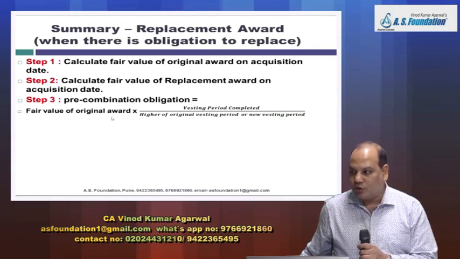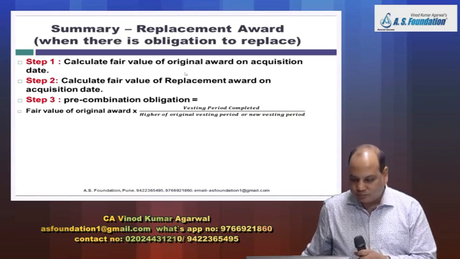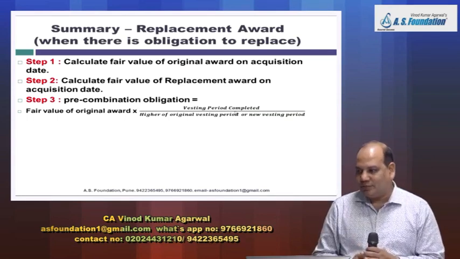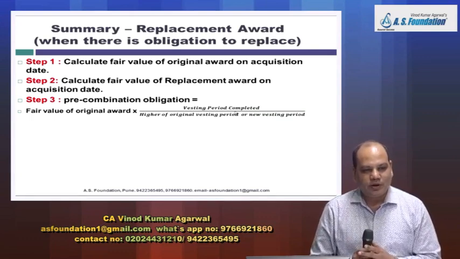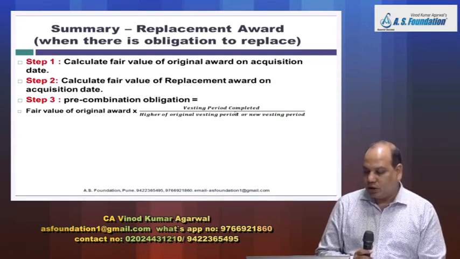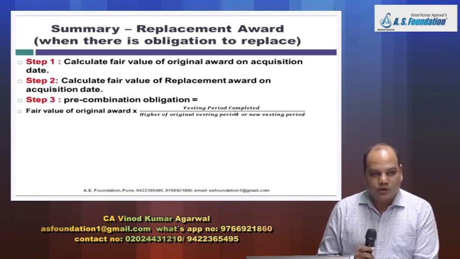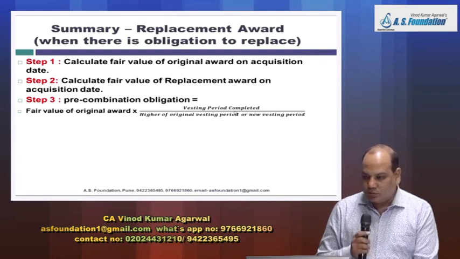So the formula is, for pre-combination obligation, fair value of original award. So I will take this step 1 figure into vesting period completed, upon higher of original vesting period or new vesting period.